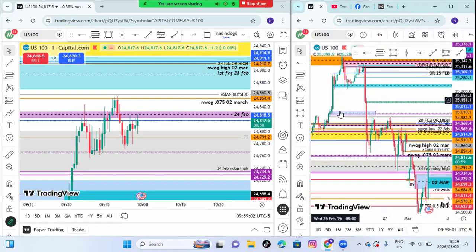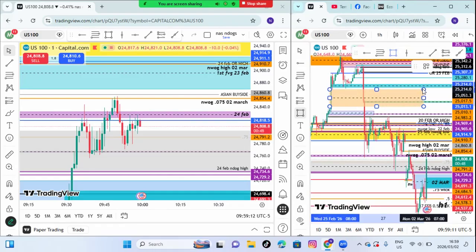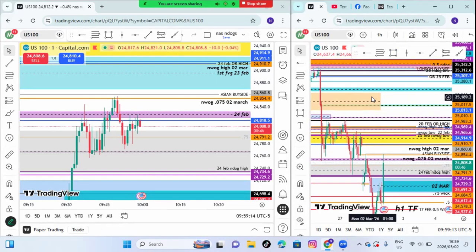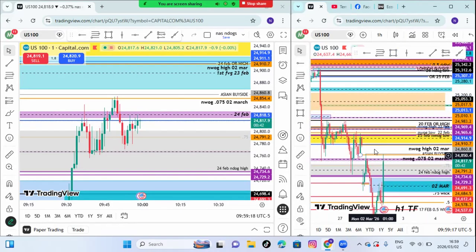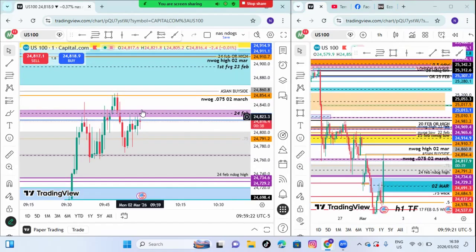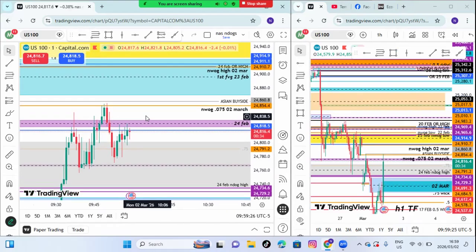Then we're gonna see this fair value gap here play a critical role, right? But I'm not thinking about that currently. I'm just looking at this right now.